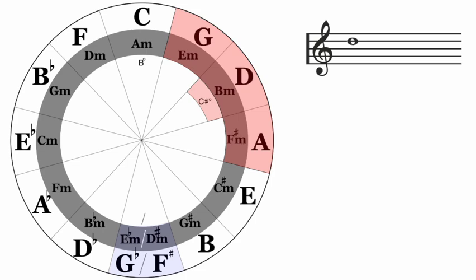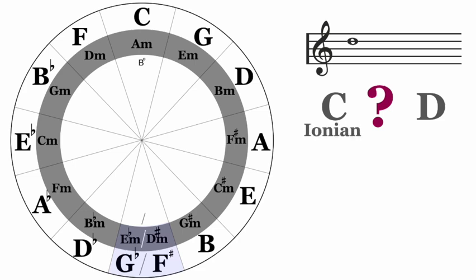Now we have an F sharp and a C sharp and there are no sharps in our key signature. There's nothing there. So our key signature continues to tell us that there are no sharps or no flats. So at the very minimum, we know we have to be in C major, C Ionian, right? So we're kind of coming back to where we were originally. But we're starting on D. Like something has to be different here.